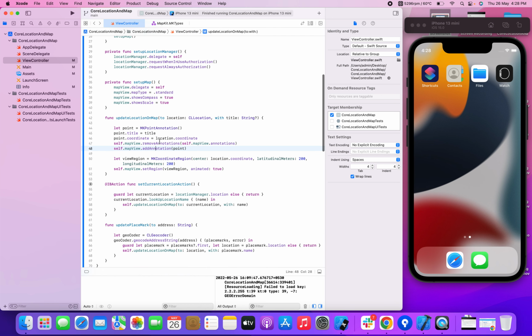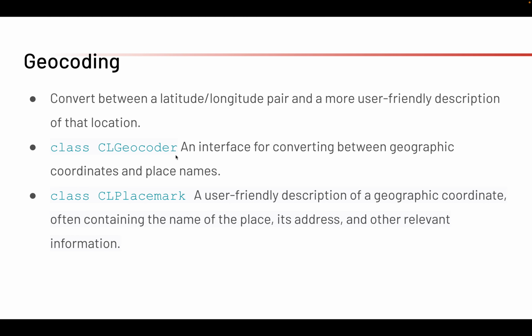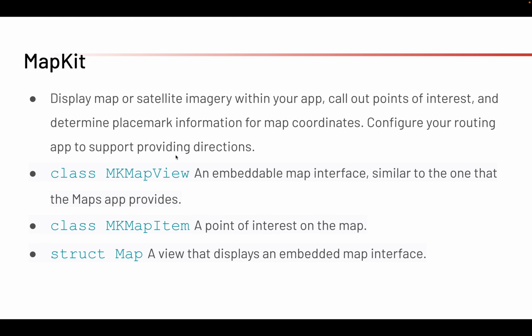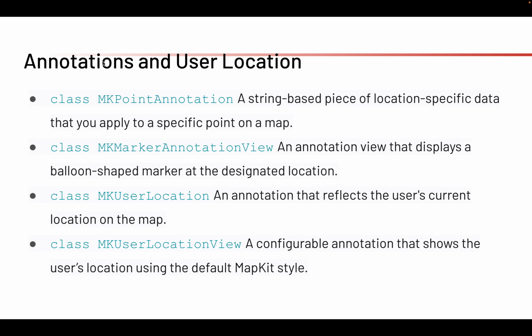After getting this name, we are passing this location and title into this method. What we have to do is show annotations on the map that will represent the user's current location. So I created one MKPointAnnotation. In MapKit, we already discussed the annotations.